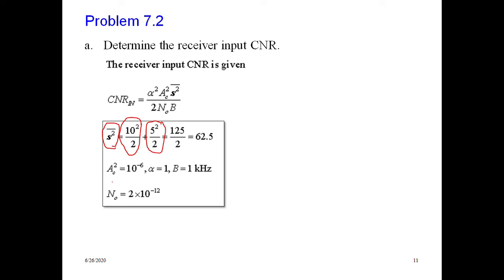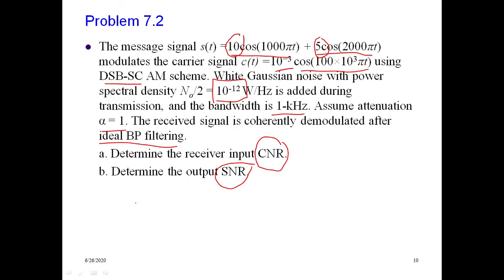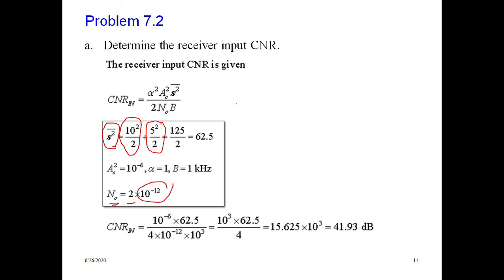AC squared, just now AC is 10 to the power minus 3, alpha is 1, B is 1 kilohertz, and N naught divided by 2 is 10 to the power of minus 12. But now we just want N naught, so it has to be multiplied by 2. Be careful with the given values of white Gaussian noise here.